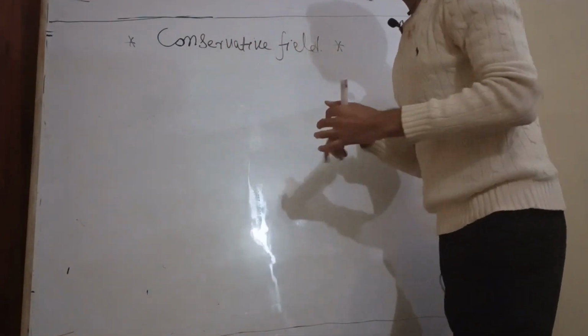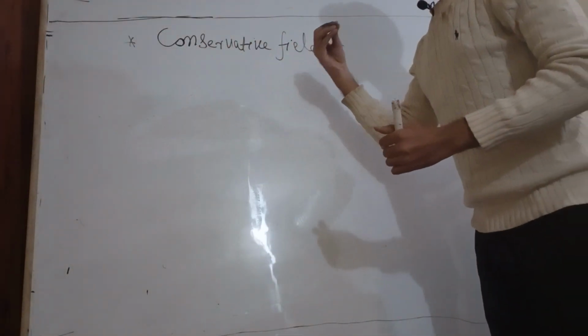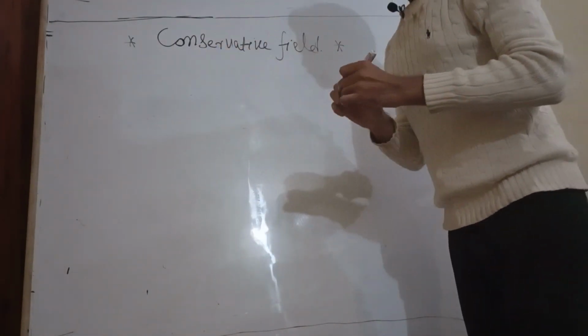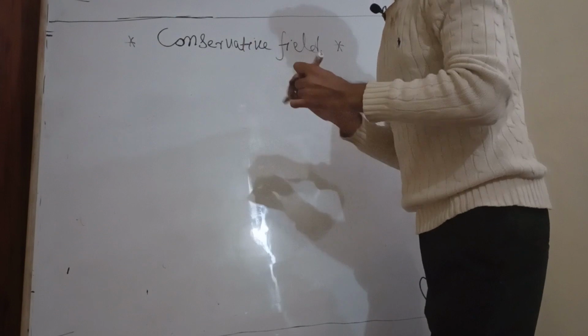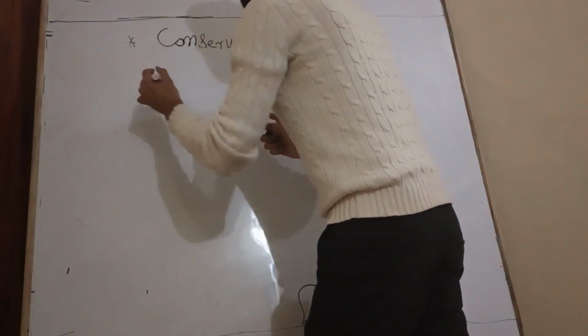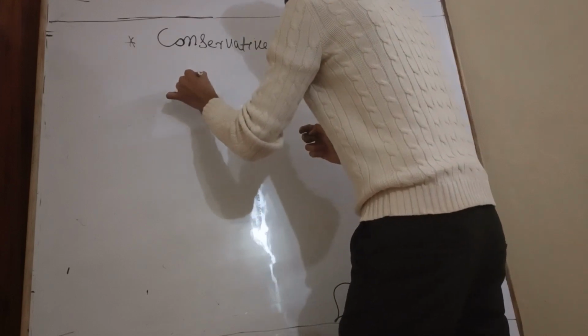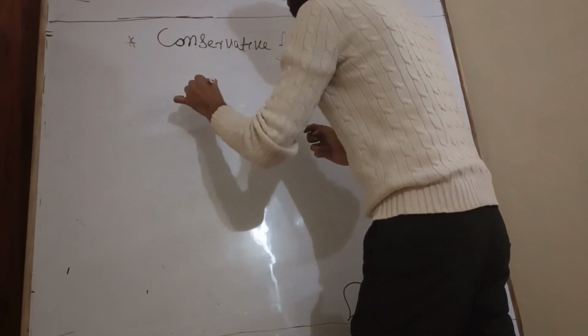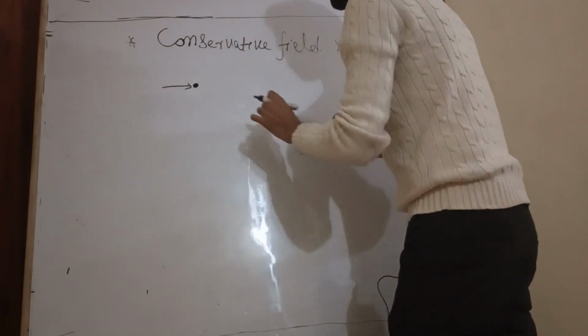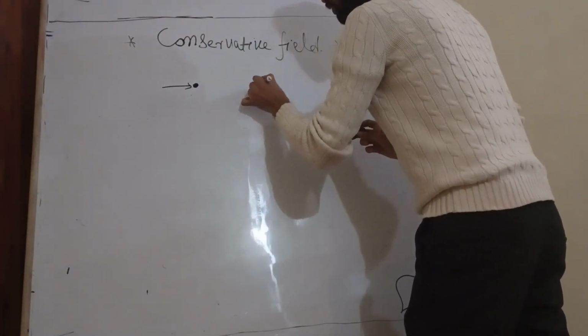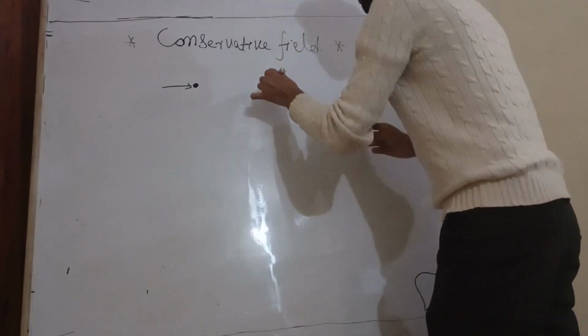If we apply a force to a particle, let us say I am applying some force to a particle here. By applying the force to this particle, it will move to some other point.